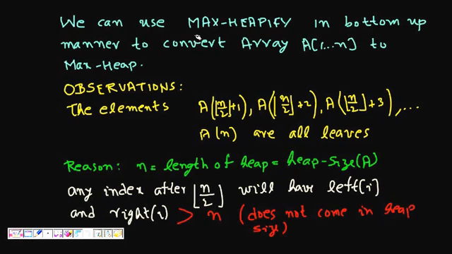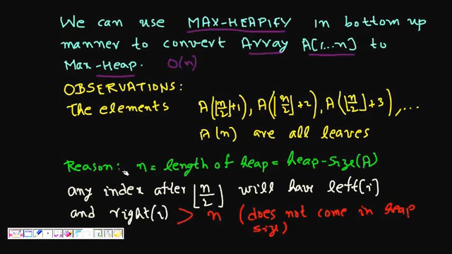So in order to maintain the max heap property, we run max Heapify for that particular node. Now, we can use that function max Heapify in a bottom up manner to convert array 1 to n. So given n elements in that array, we can convert that array into a max heap in O of n time.